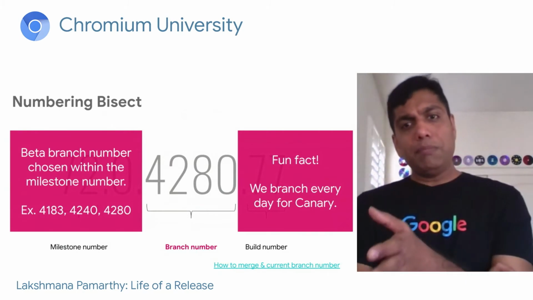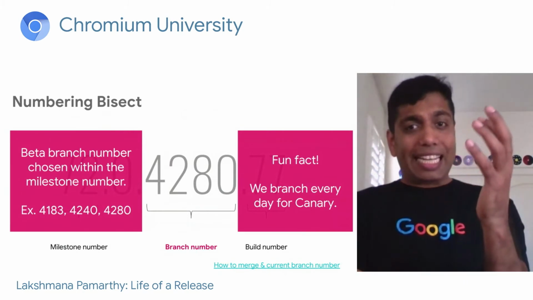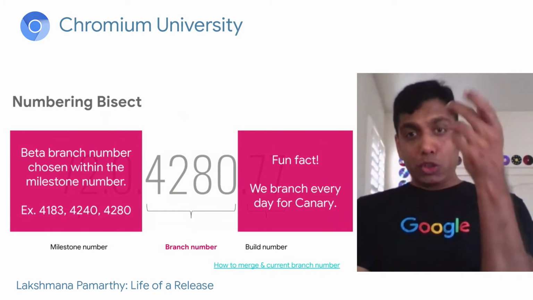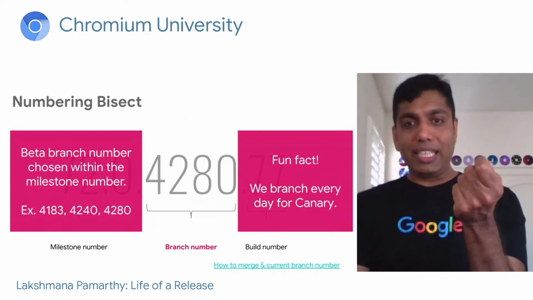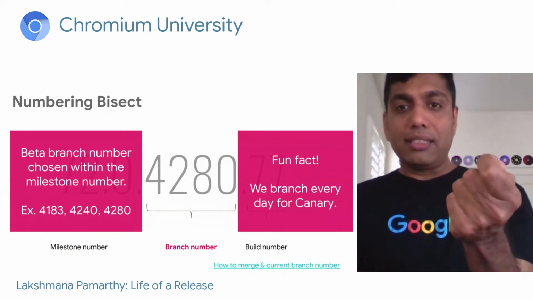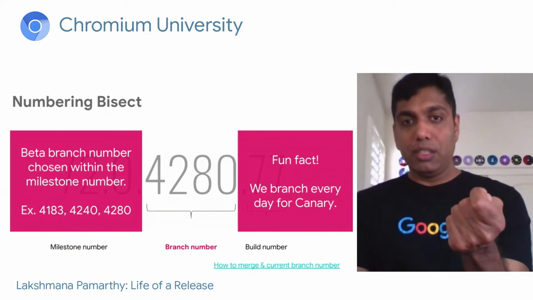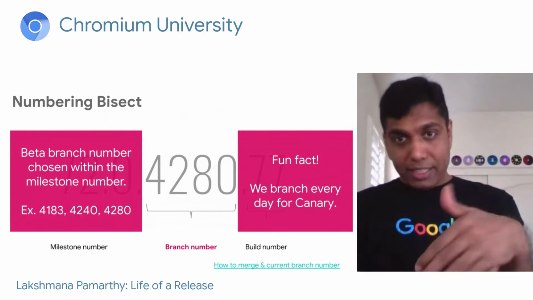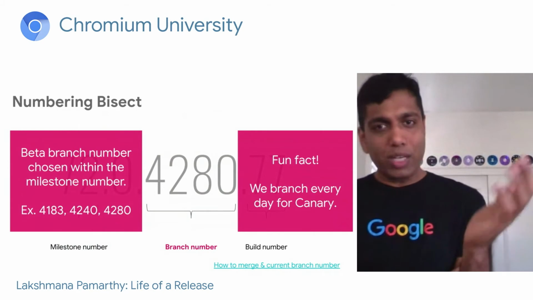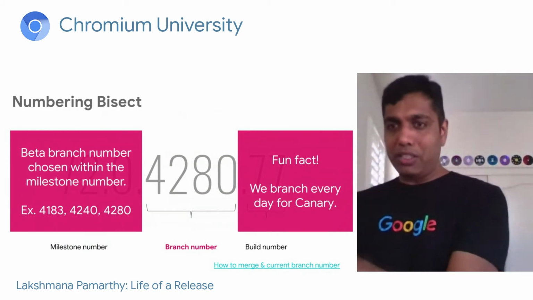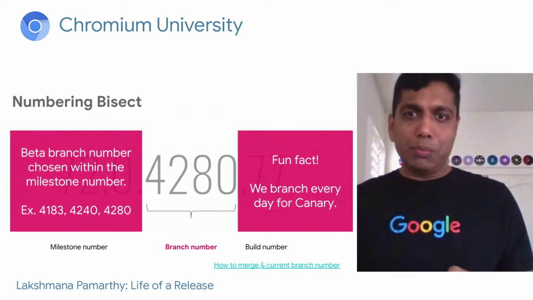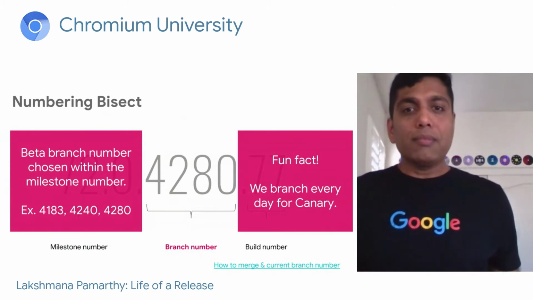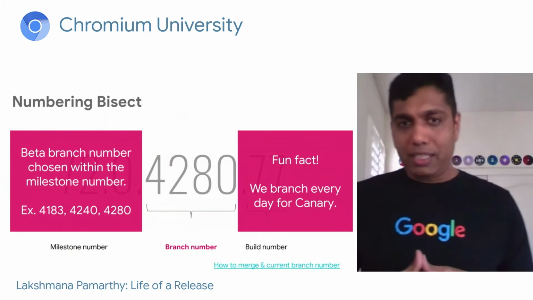That means there were 4,280 branches already, and we happened to pull the 4280 branch as the branch we want to use for the milestone release 87. The next day, there will be a 4281, 4282. So the branches keep continuing. It just so happens the one we pulled out to the side to use for a particular milestone release is called the branch for that milestone.